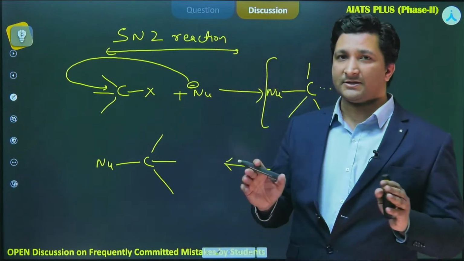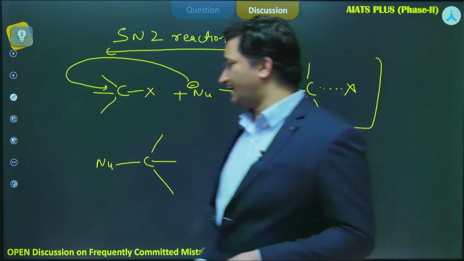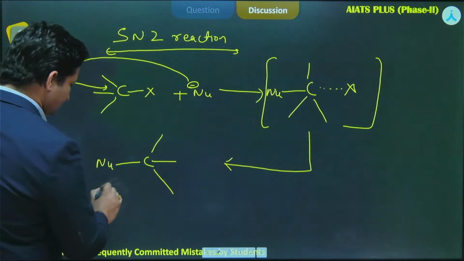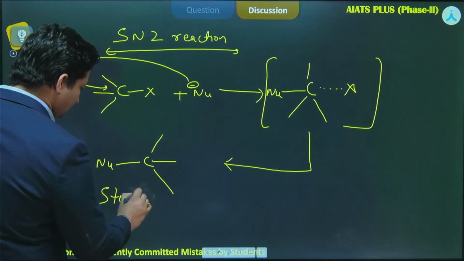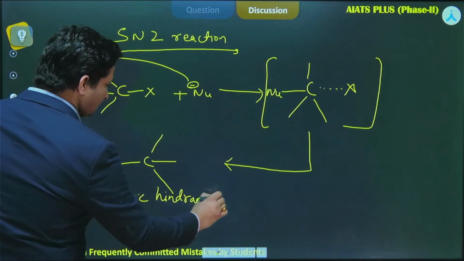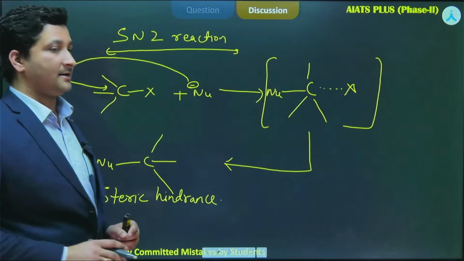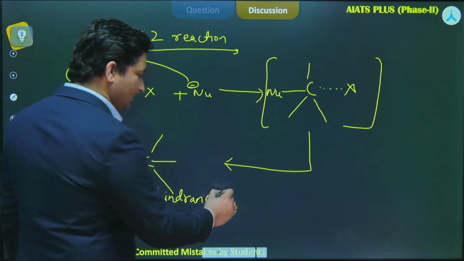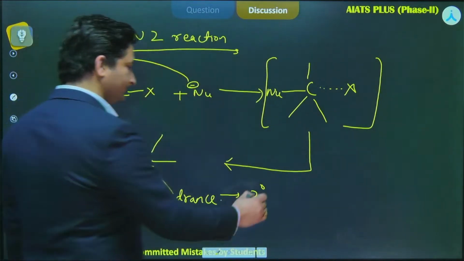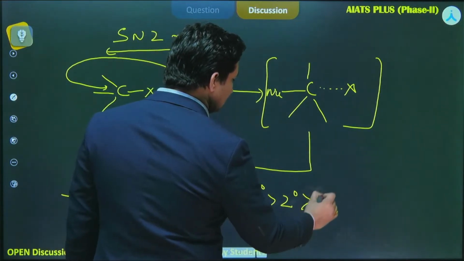If the space is not there, then we say that steric hindrance is there. So you have to understand this. Steric hindrance is most in 3 degree, then 2 degree, and then 1 degree.